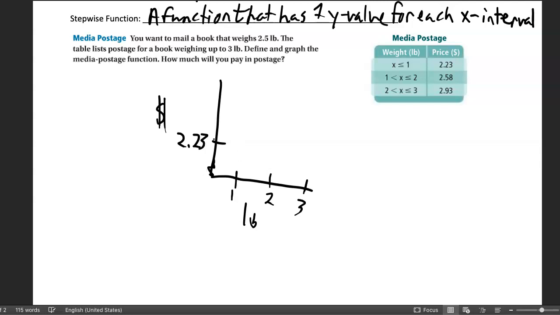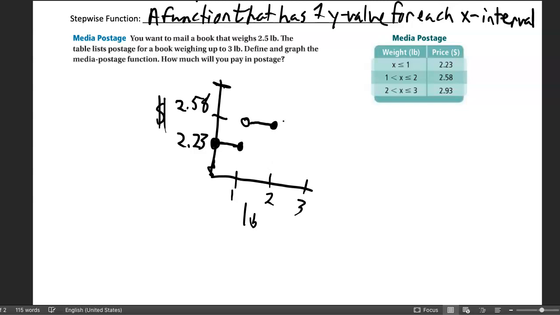Starts there, no matter how small the package you're doing, all the way out until you reach 1 pound. Once you're more than 1 pound, and notice that this is less than or equals to, so we fill in that dot, we bump up about 30 cents. And any package between 1 and 2 pounds costs that amount of money.